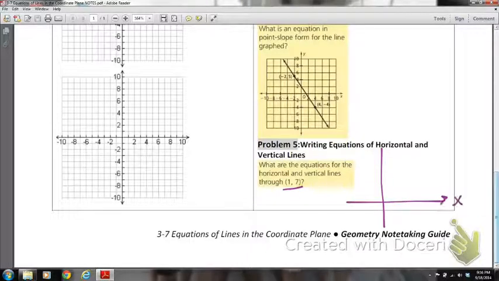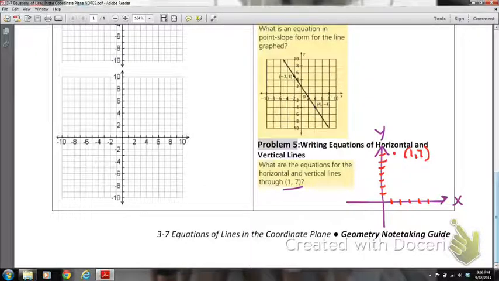We have an x and a y axis, and I want to plot the point (1, 7). And then I'm going to sketch the lines.